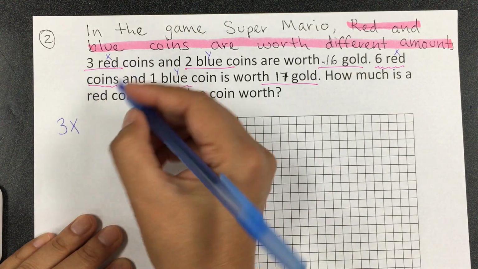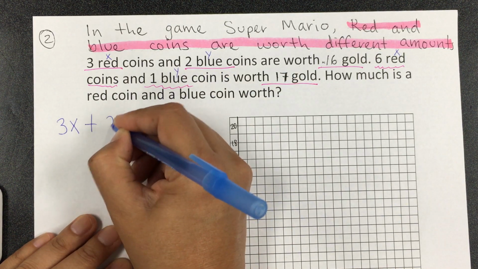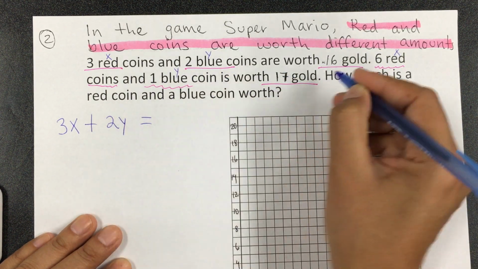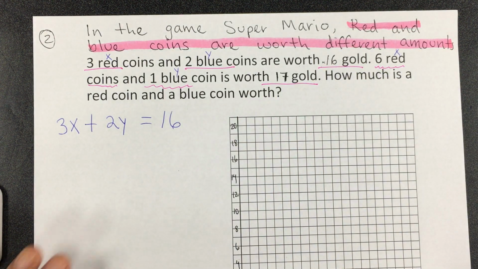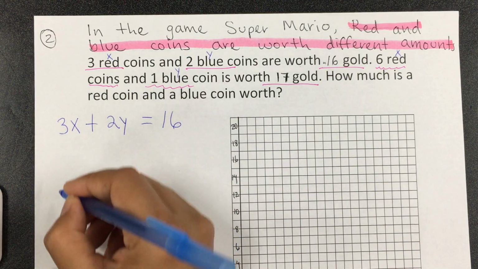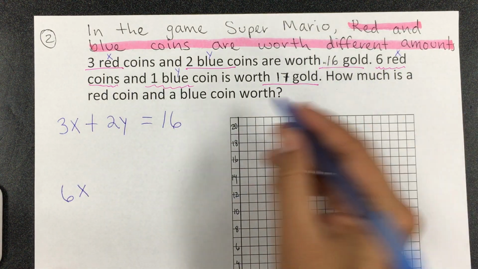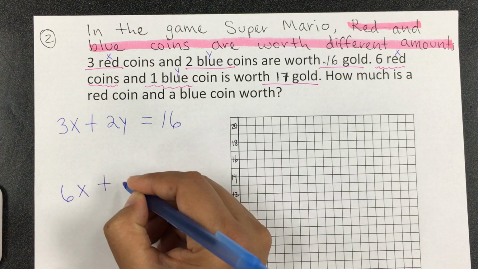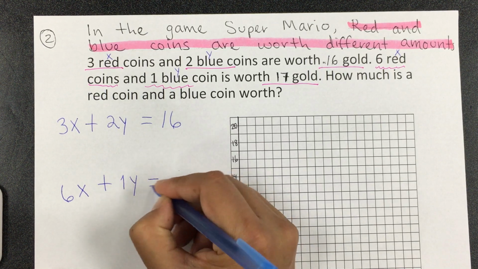And so 3 red ones, meaning 3x, plus 2y is going to be equal to 16 gold. And the other one is 6 red, so 6x, and 1 blue. You can omit the 1 or you can keep it.